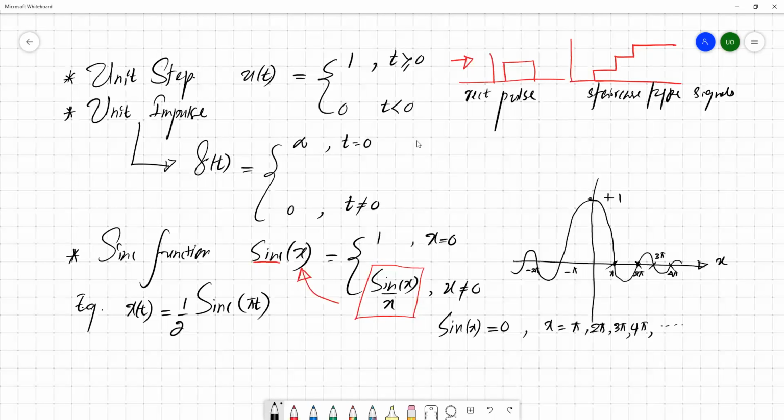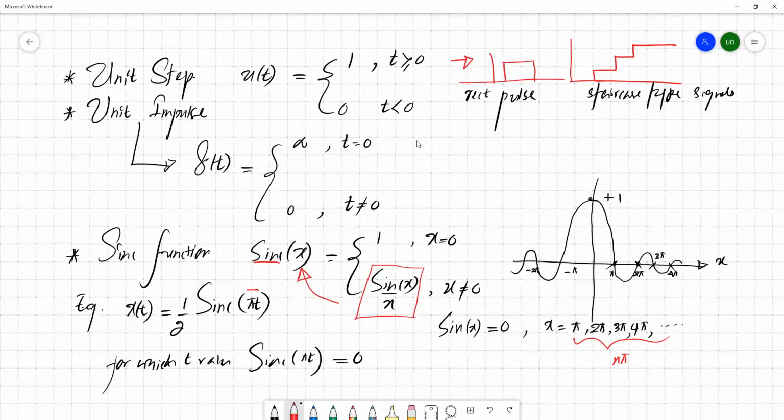We can easily identify for which t values the sinc(πt) gets 0. The inner argument should be a multiple of π: π, 2π, 3π, 4π and so on.